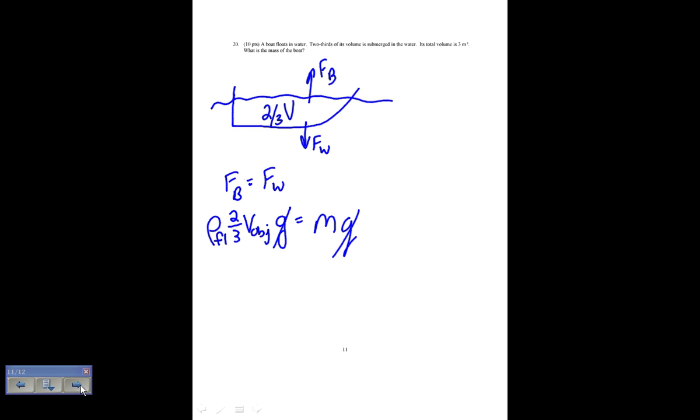I'm looking for the mass of the boat, which is this term right here, and I know everything for this problem. The density of the fluid is 1,000 kilograms per meter cubed, that's for water, times the volume of the object, which is 3 cubic meters. And then that's equal to the mass of the boat. So that's 2,000 kilograms.